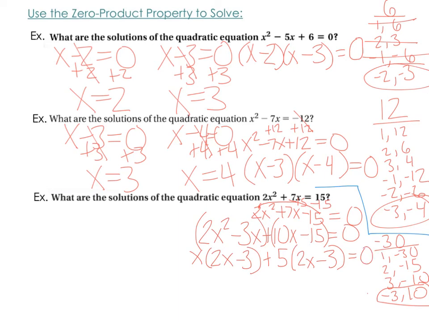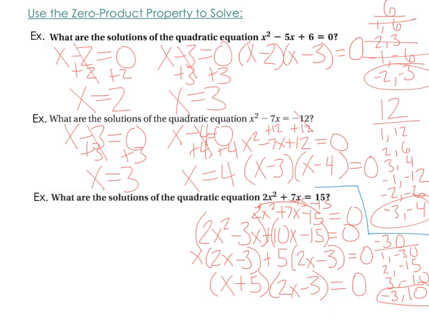Okay, and then I am regrouping here my x plus 5 and the 2x minus 3. And if you weren't here for that lesson, the x plus 5 comes from what's left over in front of the parentheses. The 2x minus 3 is just whatever's in the parentheses, and it should be the same exact thing.